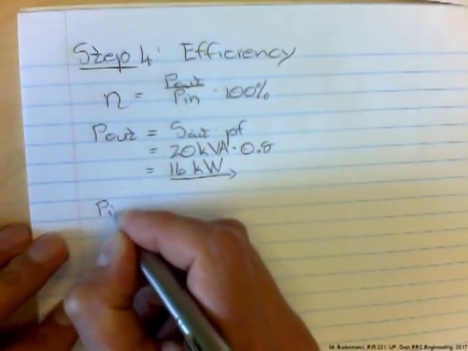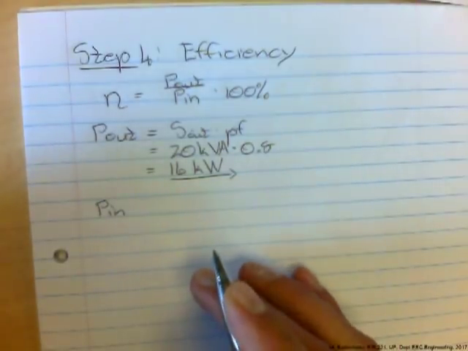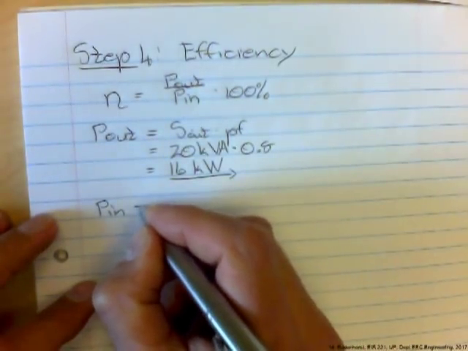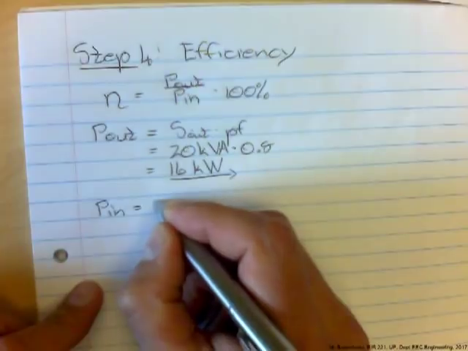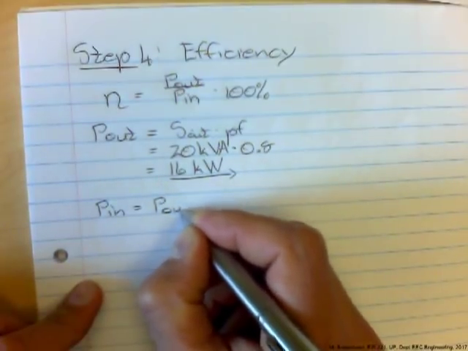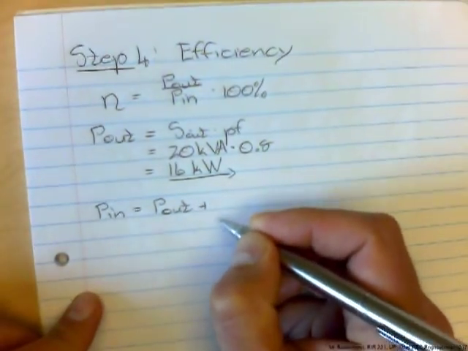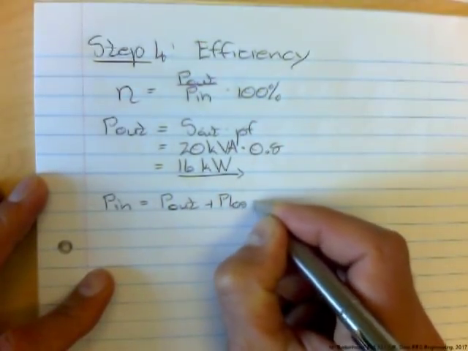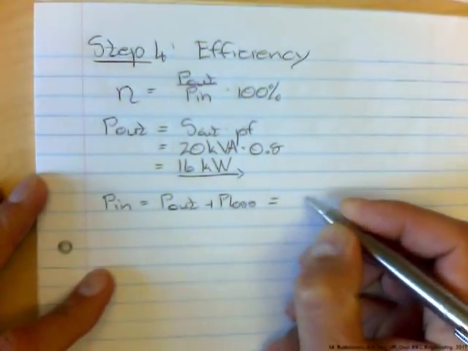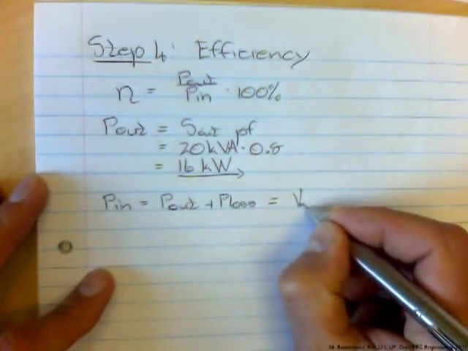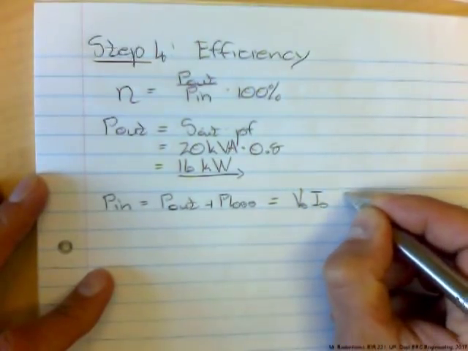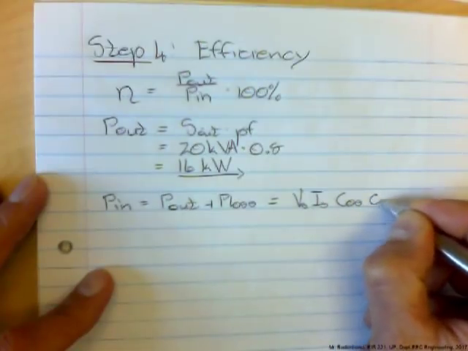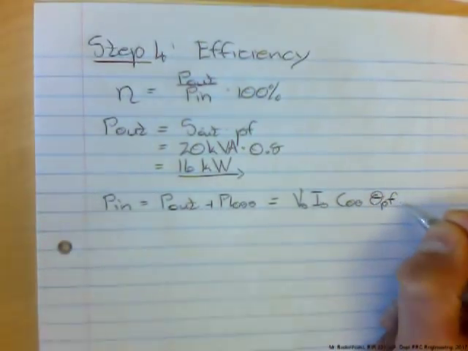Next thing that we need is P in. Now this is where the two methods come in. The one is to say that P in equals P out plus P loss, but it is also equal to Vs Is cos theta power factor.